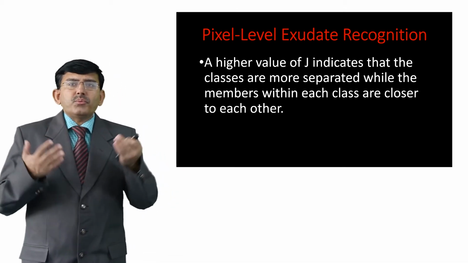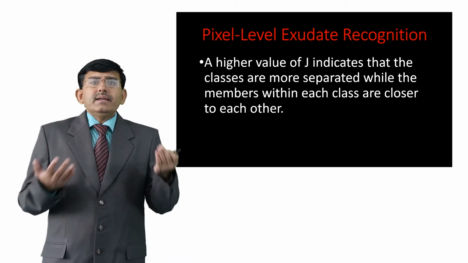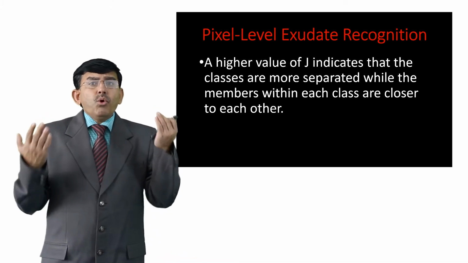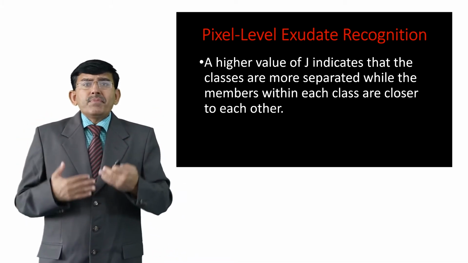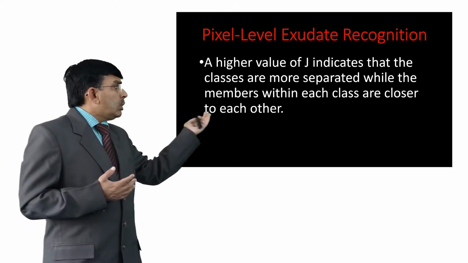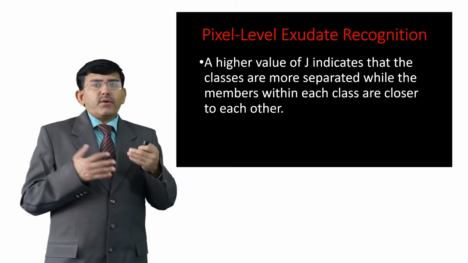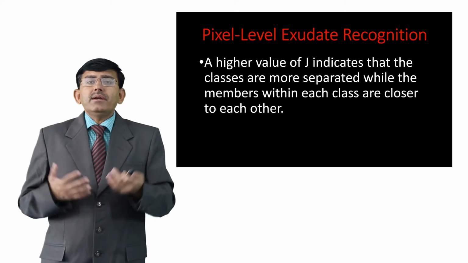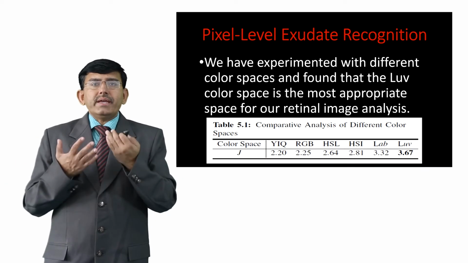A higher value of J indicates that the classes are more separated while the members within each class are very close to each other. By following this basic concept, we are able to form their groups.